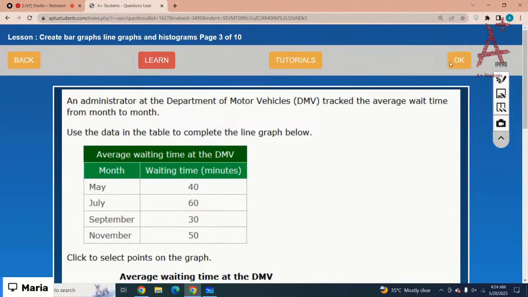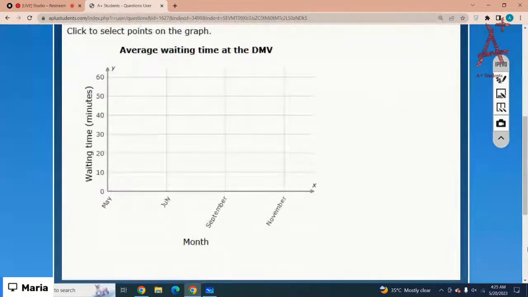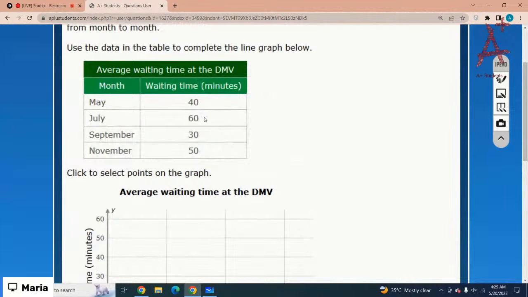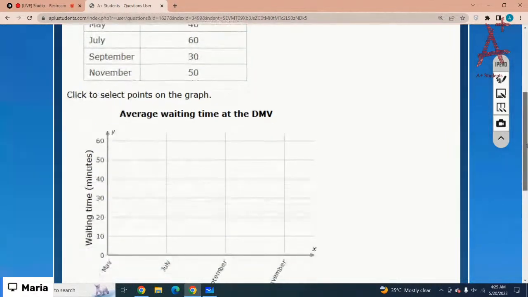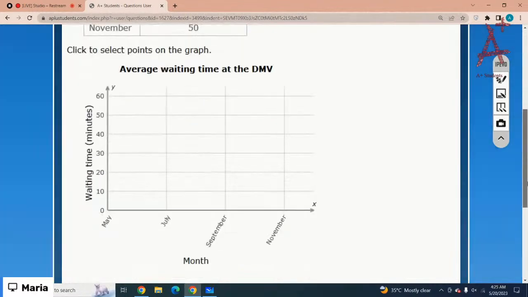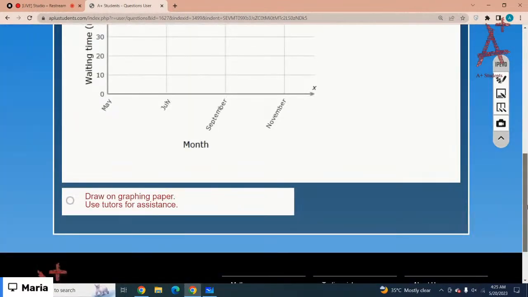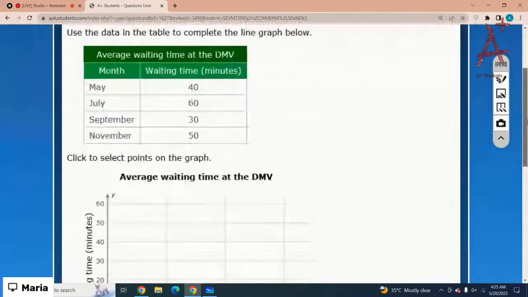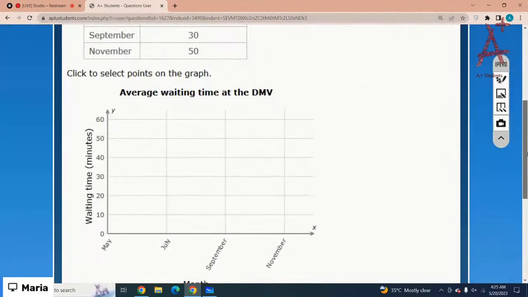An administrator at the Department of Motor Vehicles tracked the average wait time from month to month. Use the data in the table to complete the line graph below. For May it is 40, for July it is 60, for September 30, and for November 50. You have to draw these on graph paper.